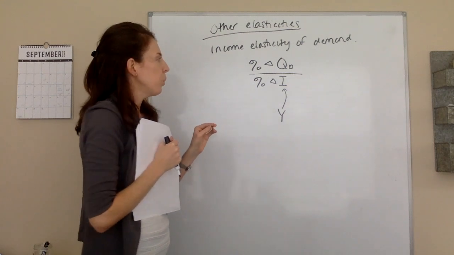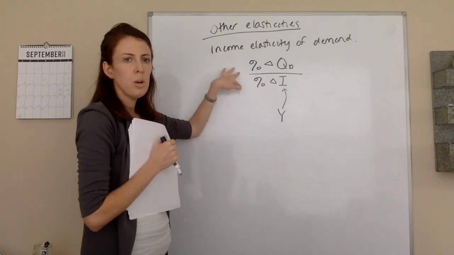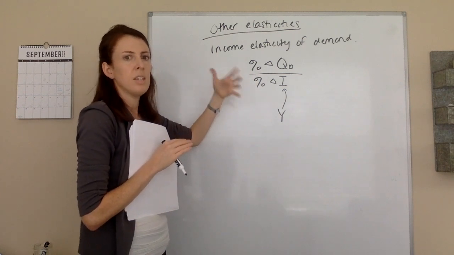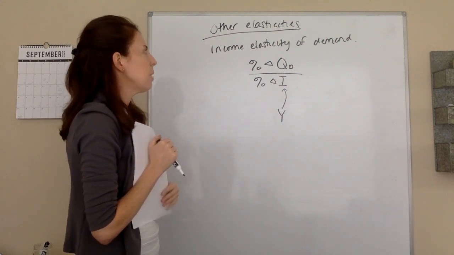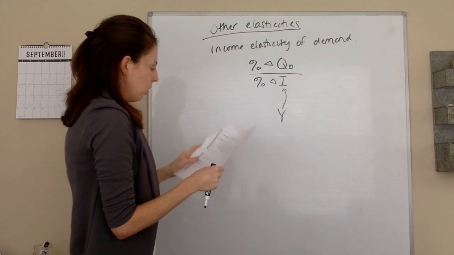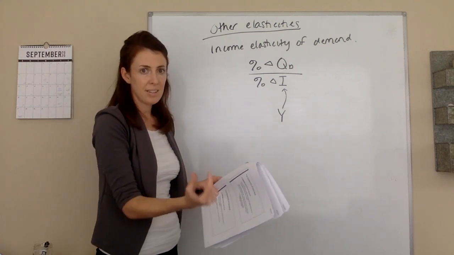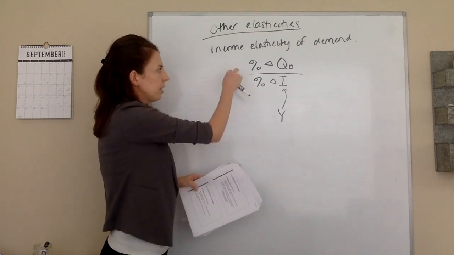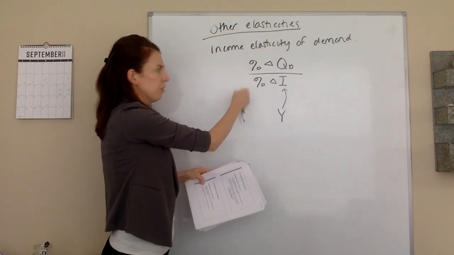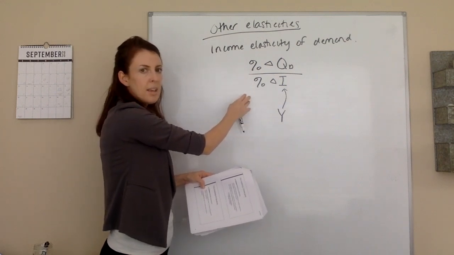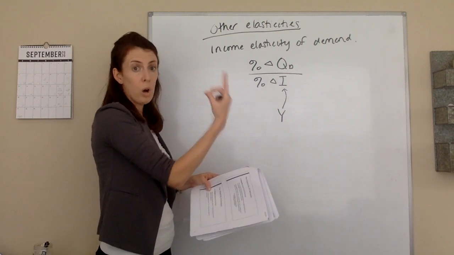so here we need to think about how we would expect these two things to compare to each other in order to give us some useful information about the income elasticity of demand. Okay, when we were thinking about price elasticity of demand, we calculated in the numerator an absolute value of the percent change in quantity demanded over the absolute value of percent change in price, and then we compared that whole ratio to the number 1.